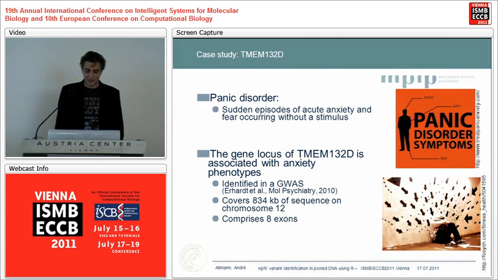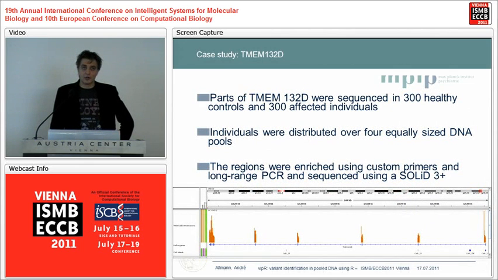The gene we focused on is TMEM132D, and it was discovered in a genome-wide association study at our institute. The gene is fairly large. It covers 834 kilobases of sequence on chromosome 12 and comprises 8 exons. We could not sequence the whole gene because it's pretty long, so we sequenced part of the gene in 600 individuals, 300 cases and 300 controls.